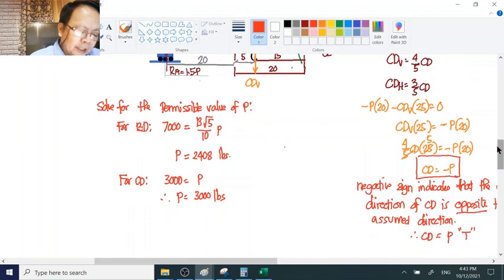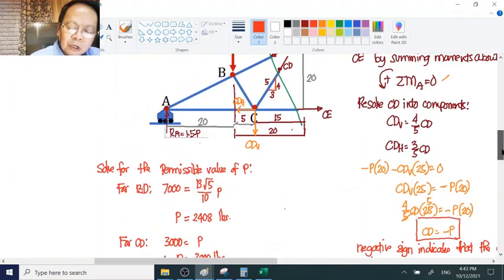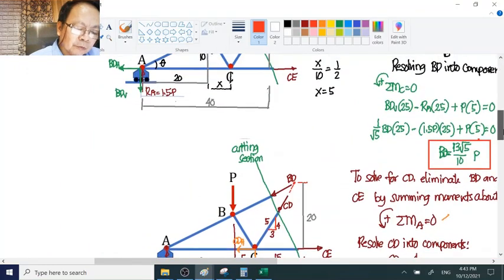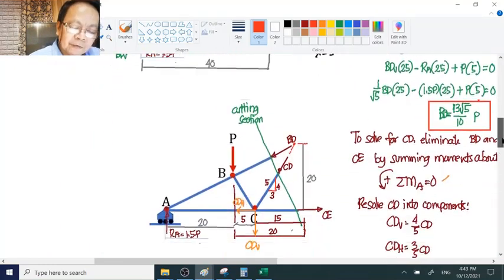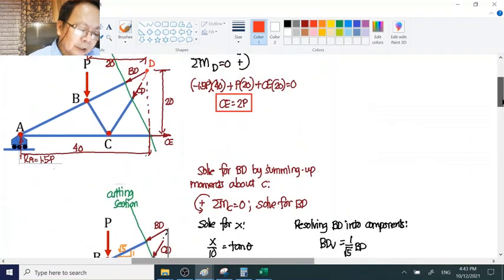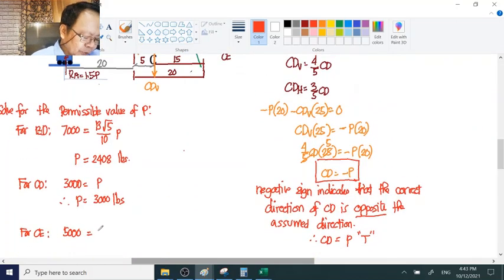And for member CE, the permissible load is 5,000 pounds, which should be equal to the computed value of CE, which is 2P. So when solved, we get a value of 2,500 pounds.